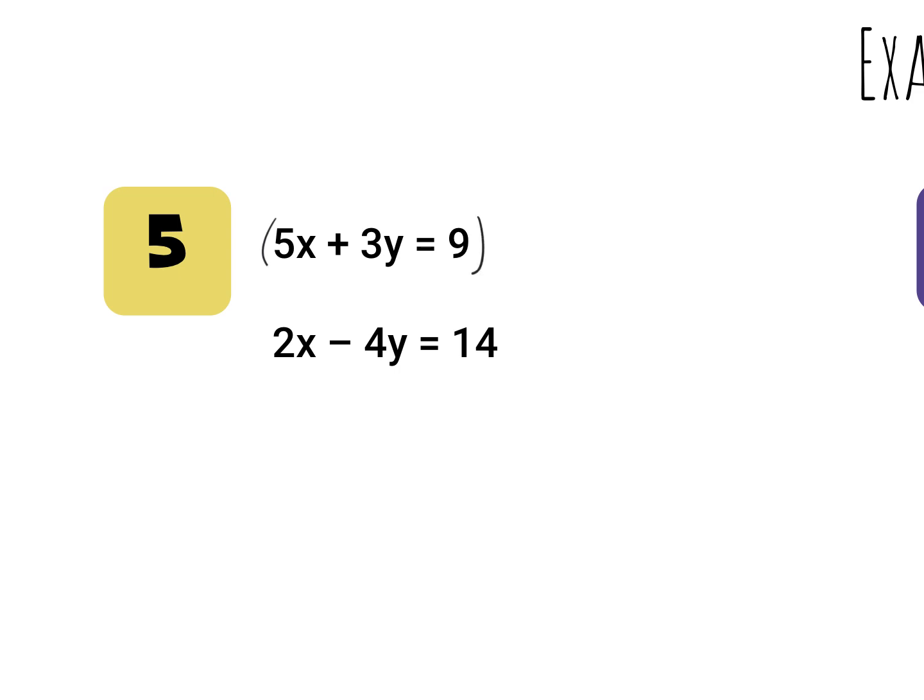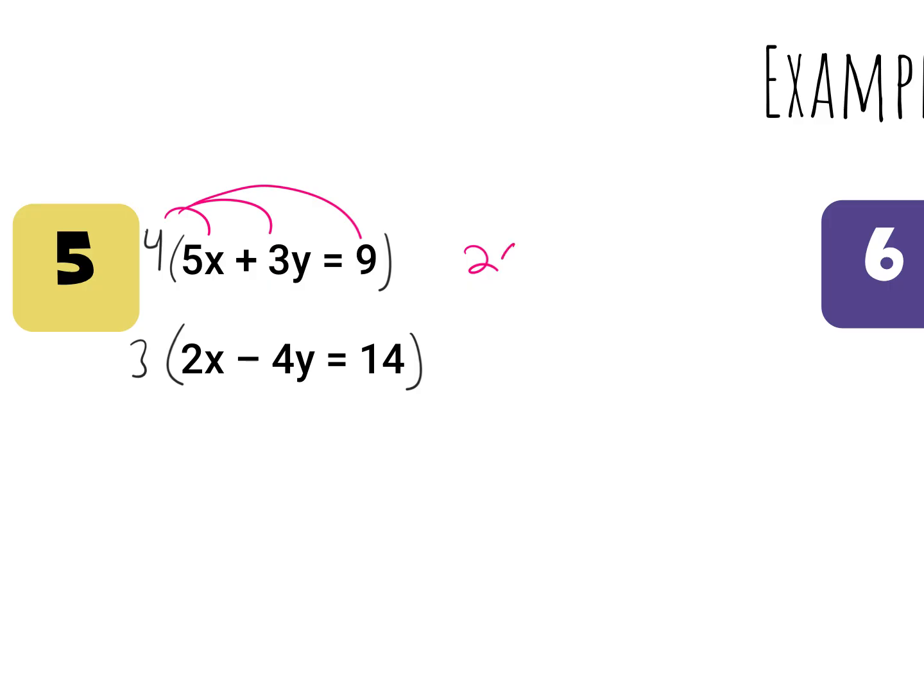So we can multiply this top equation by 4 and this bottom one by 3. That's going to get us the same number but opposite sign. If we take that 4 and distribute it, for the top equation we should get 20x plus 12y equals 36.